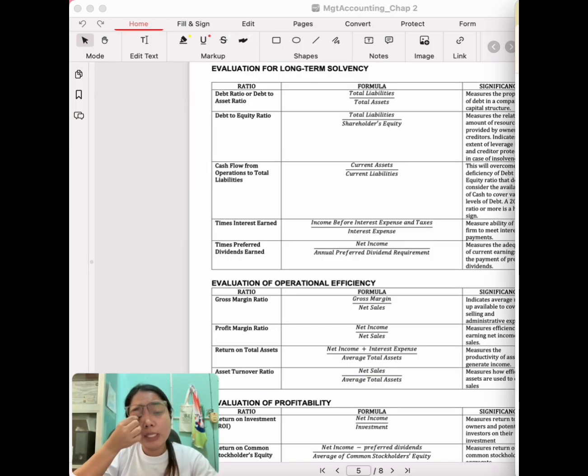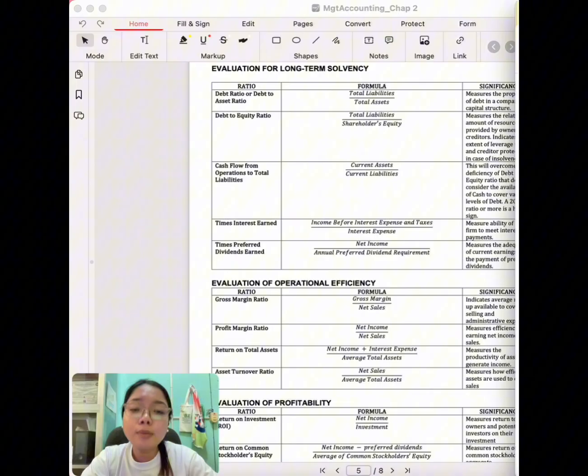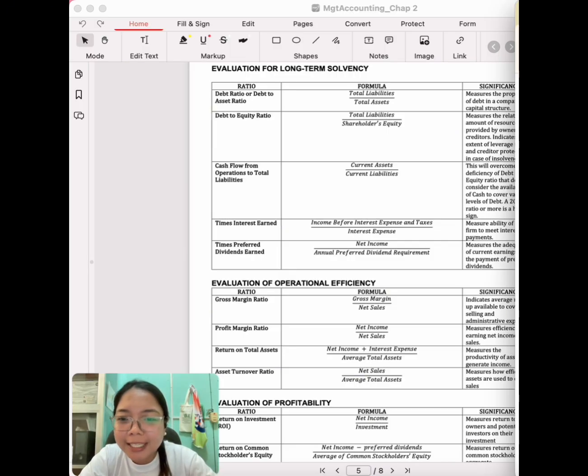Next is times interest earned. So, for times interest earned, ito yung formula niya, yung EBIT, earnings before income tax, income before interest expense and taxes, divided by interest expense. Yun ang kanyang formula. So, yung EBIT, it means earnings before interest and taxes. So, this ratio measures the company's ability to meet its interest payments.